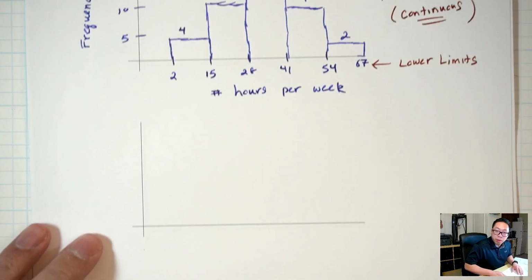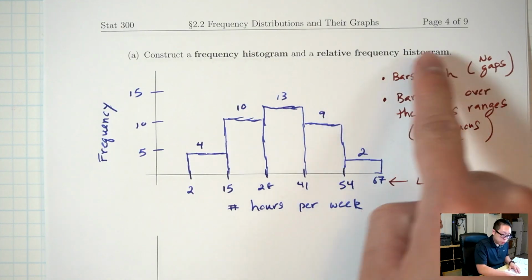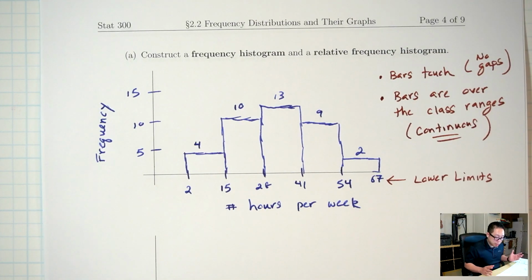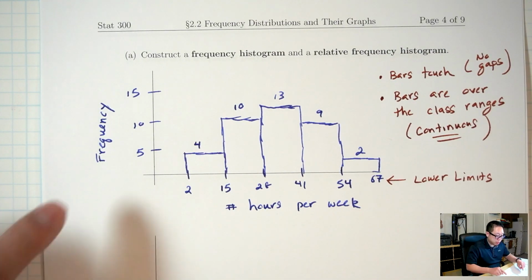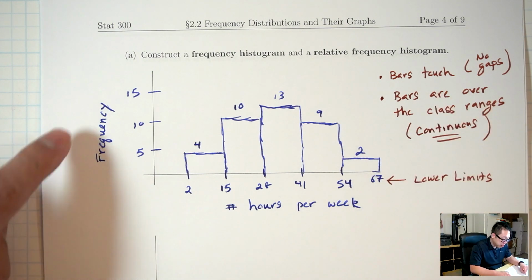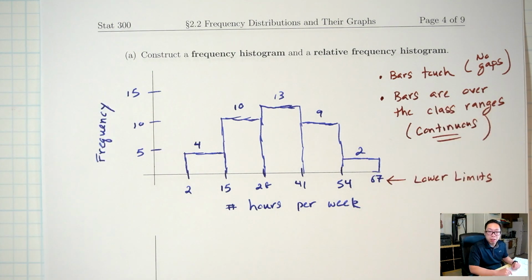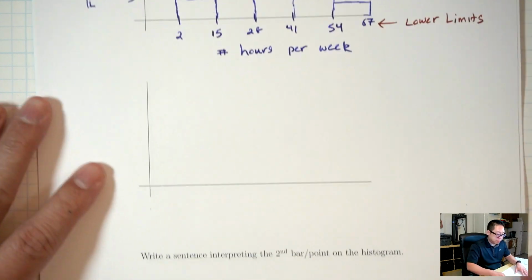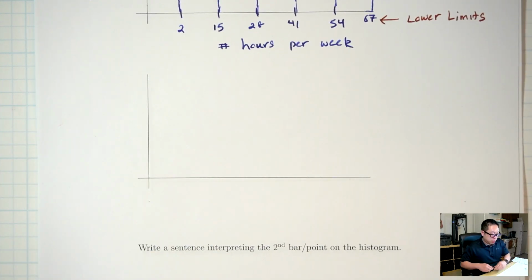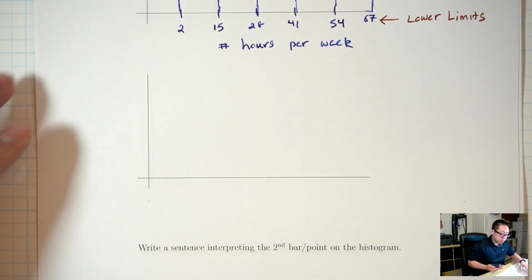Okay, for our next picture, we're going to do a relative frequency histogram. So it's going to be exactly the same thing. The only difference is instead of frequency on the y-axis, we'll put the relative frequency. The x-axis is going to be exactly the same.